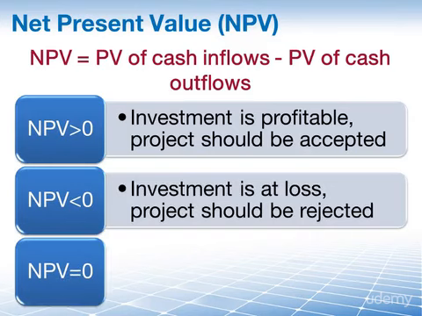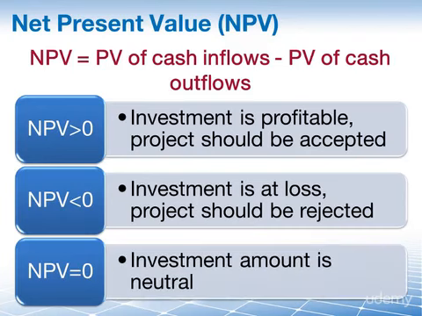And if the NPV equals 0, then the investment amount is neutral, and you'll need to look to other indicators to see if you should do the project or shouldn't. And of course, if you compare the NPV of two projects, again, all else being equal, then the project with the greater NPV is the better project.